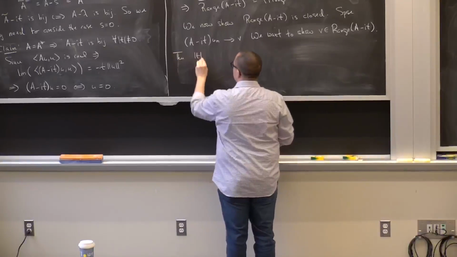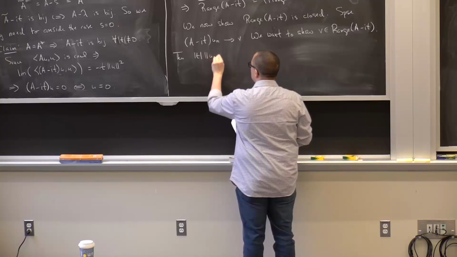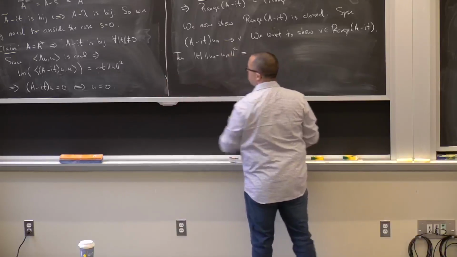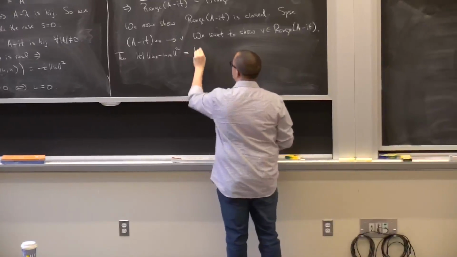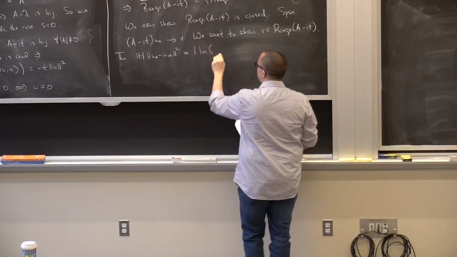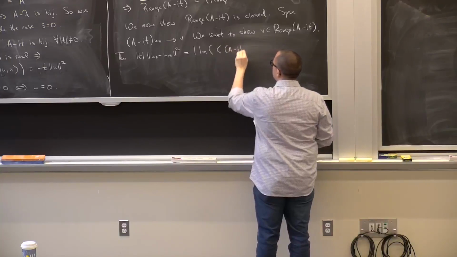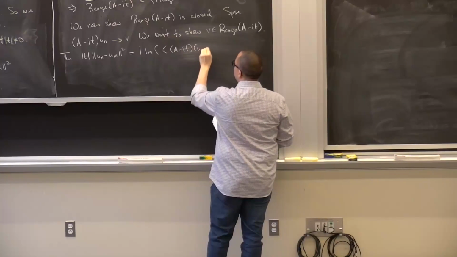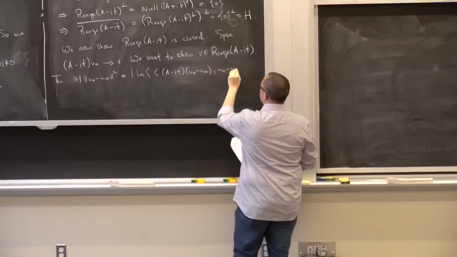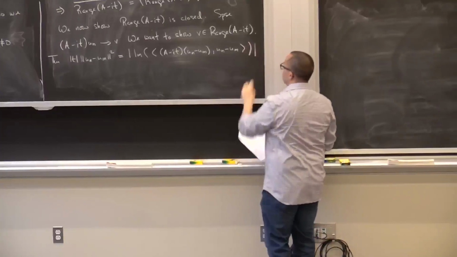Then we have that the absolute value of t times the norm of un minus um squared is, by this calculation we did over here, equal to the absolute value of the imaginary part of A minus IT applied to un minus um, inner product un minus um. Take the absolute value of all of that.